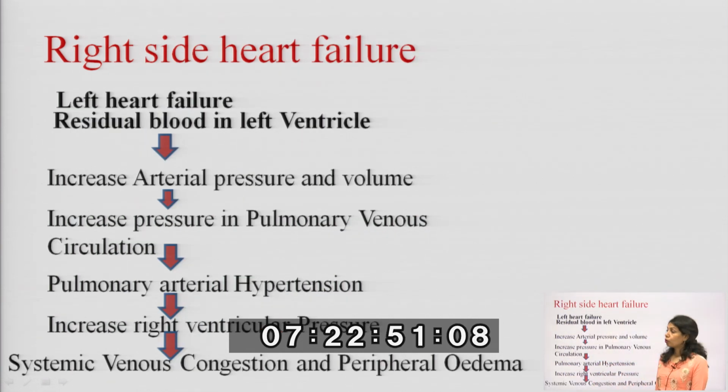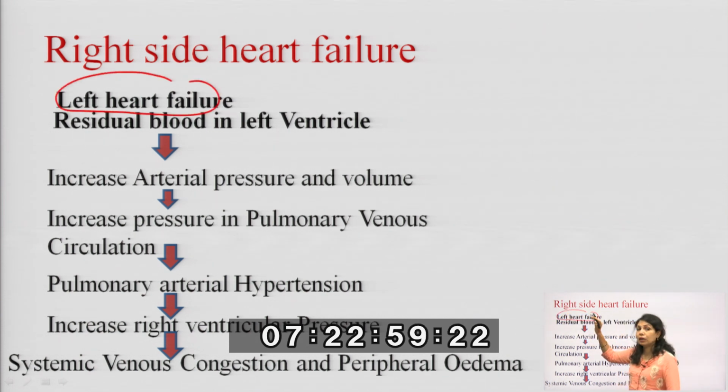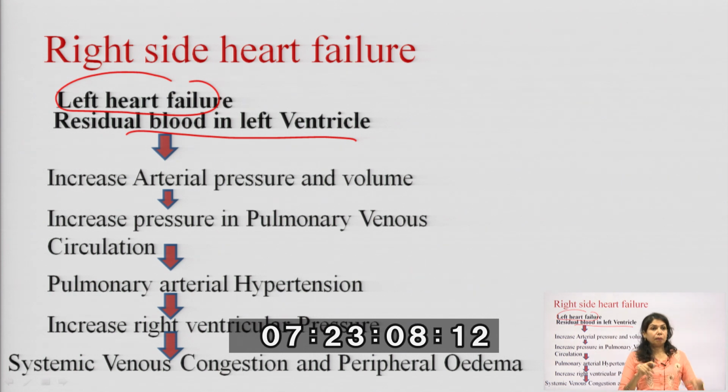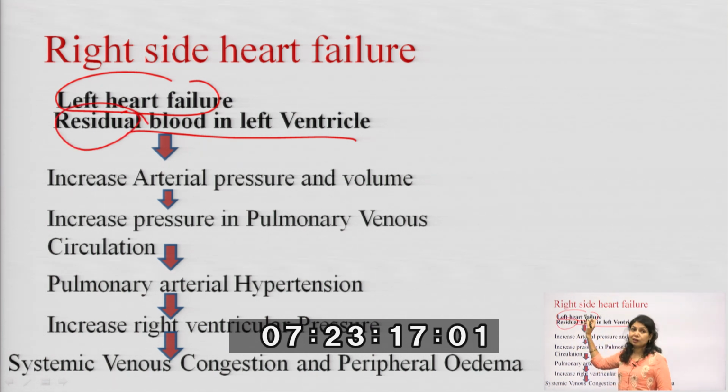Now, this is the flow chart which shows what happens when there is right side heart failure. The left side heart failure may ultimately lead to right side heart failure. In left side heart failure, what happens? There is residual blood in the left ventricle. The blood in the left ventricle is accumulated because the left heart is not functioning properly.